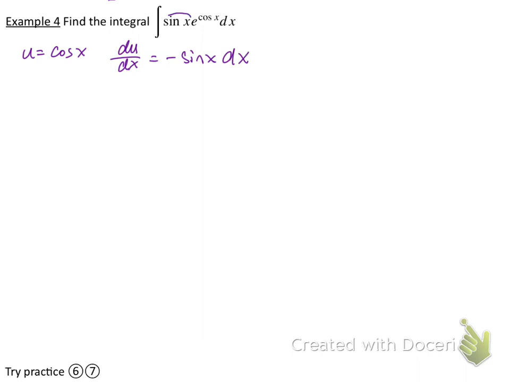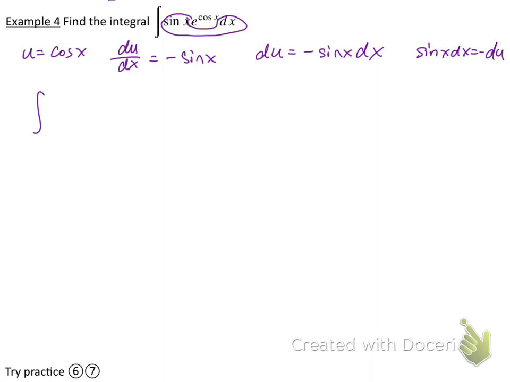So du equals negative sine x dx, which is here. And I don't have the negative sign, so I will give it to du. Sine x dx is negative du.